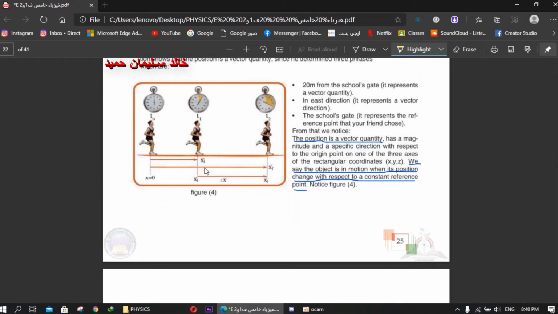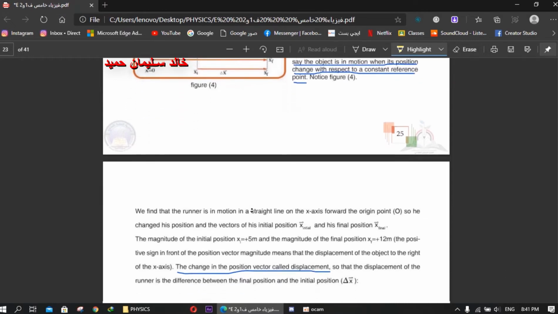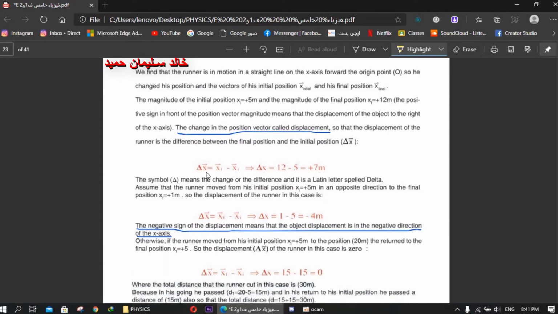So if, for example, the initial position of this runner is x equal 5 and the final position is x equal 12, then the displacement traveled is equal to 7. As we can see here, delta x is the displacement, is xf minus xi, final position minus initial position, which is 12 minus 5, it's plus 7 meter.